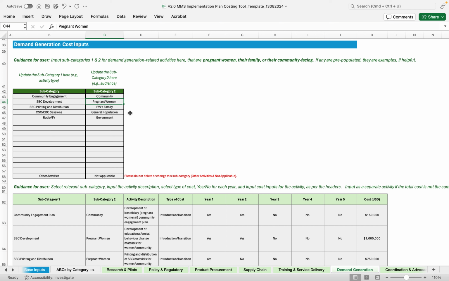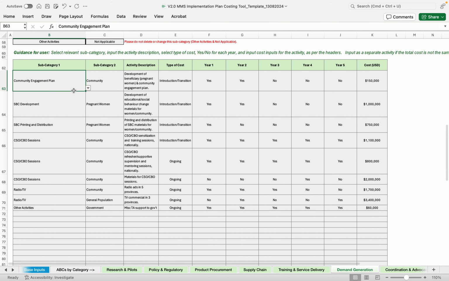Subcategory 2 could be the audience to which that demand generation activity is targeted to. Please leave other activities and non-applicable here as a catch-all subcategory. So again, structured like a work plan where you can enter subcategory 1, subcategory 2, the activity description, type of cost, years that it's applicable in, and the total cost for that activity.